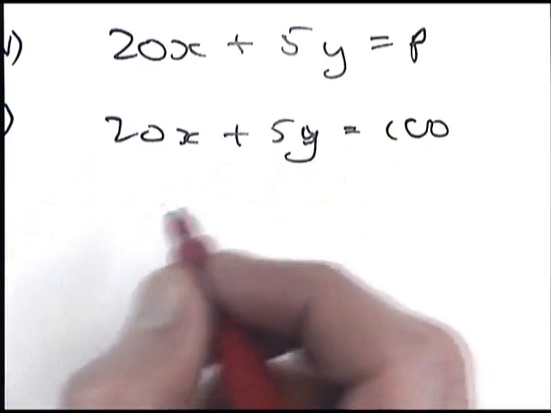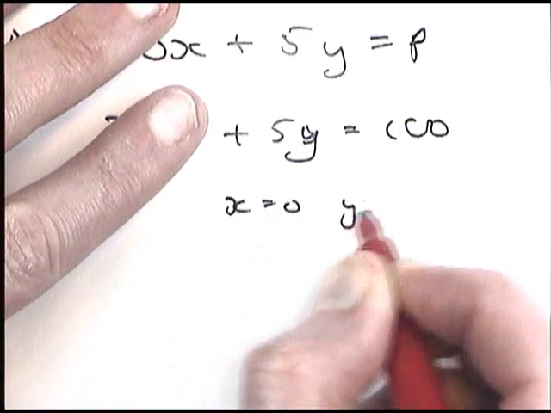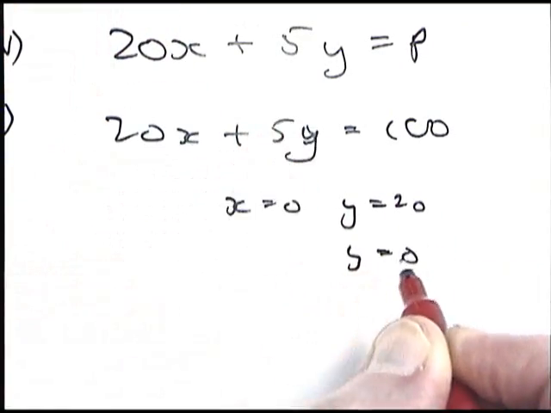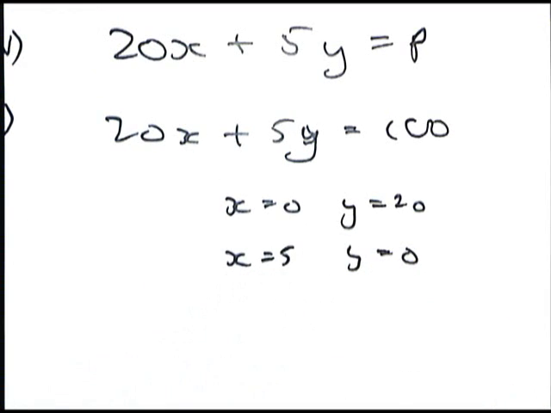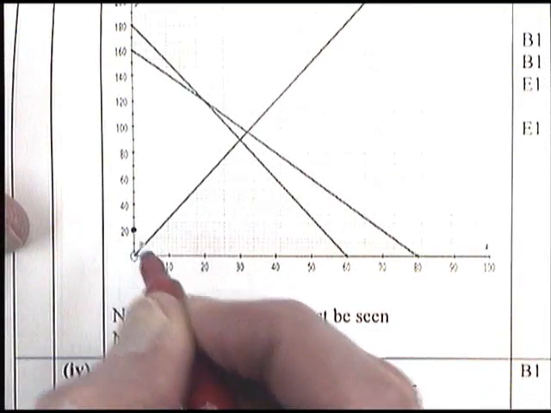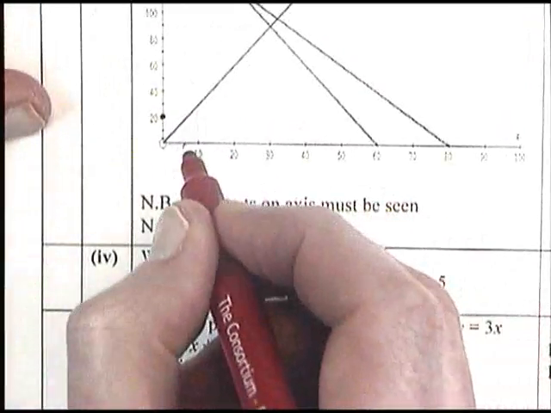If I draw that, if x is nothing, y will be 20. And if y is nothing, x will be 5. So I now need to put that line on my finished graph. I had (0, 20), which is here, and I had (5, 0), which is here.